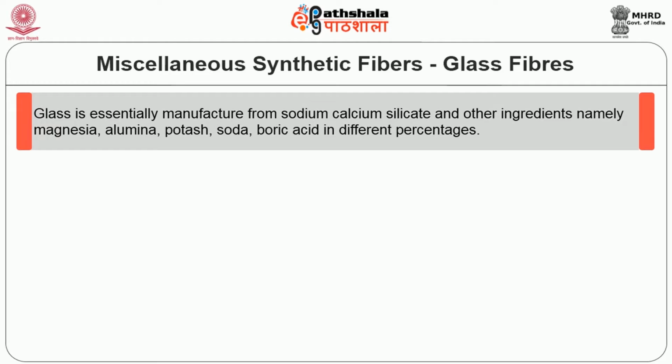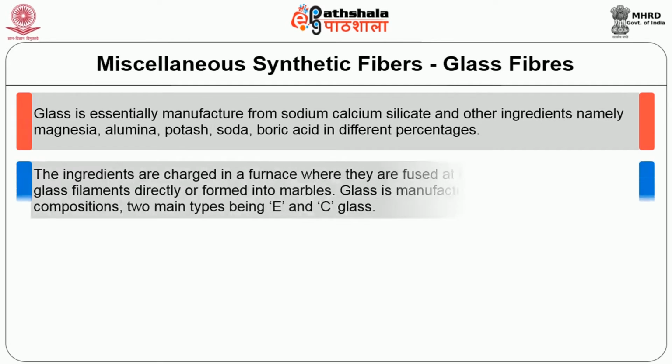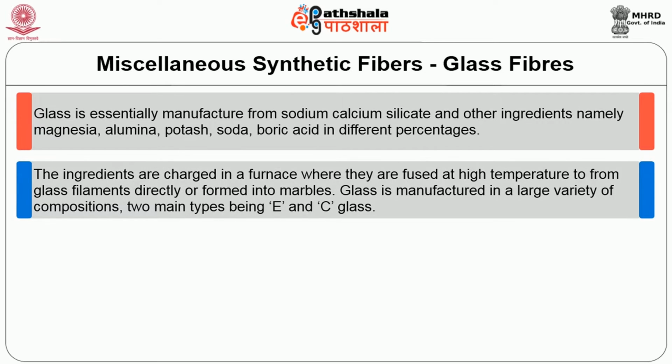Glass is essentially manufactured from sodium, calcium, silicate and other ingredients, namely magnesium, alumina, potash, soda, boric acid in different percentages. The ingredients are charged in the furnace where they are fused at high temperatures to form glass filaments directly or formed into marbles.